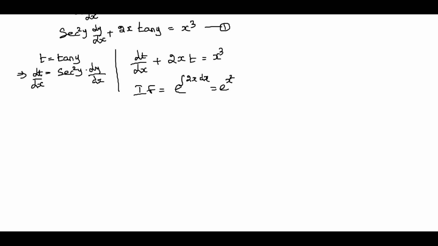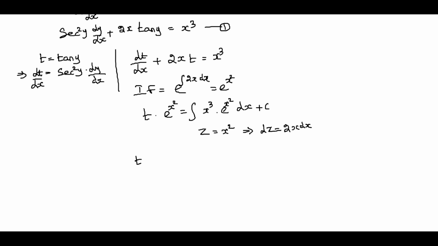So t into e power x square is equal to integral of Q, where Q is x cube into e power x square dx, plus c. Again, on the right side, take z equal to x square, which implies dz equal to 2x dx.